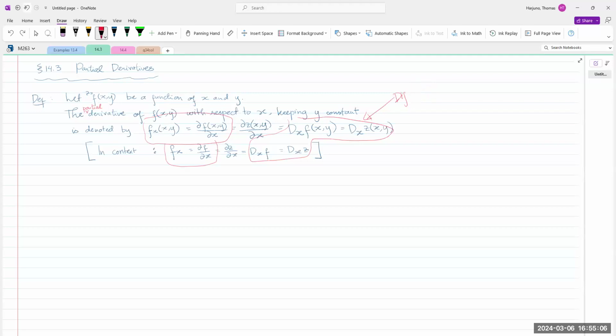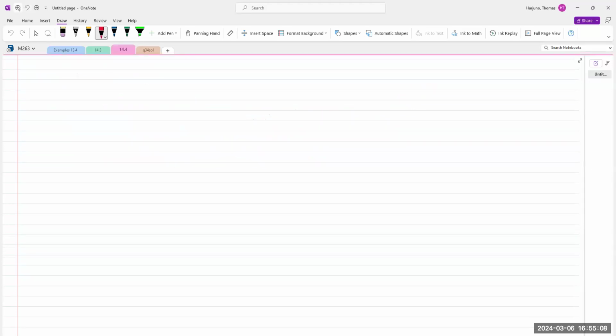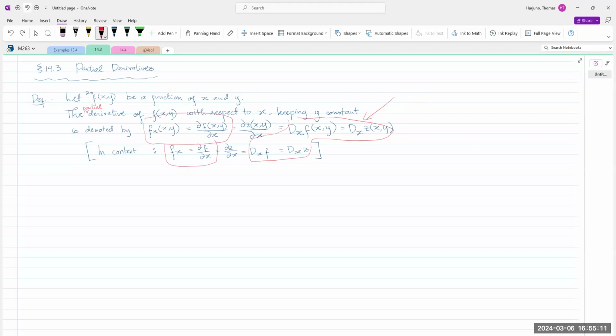Okay, those are the notations for the partial derivative. But how about the definition?